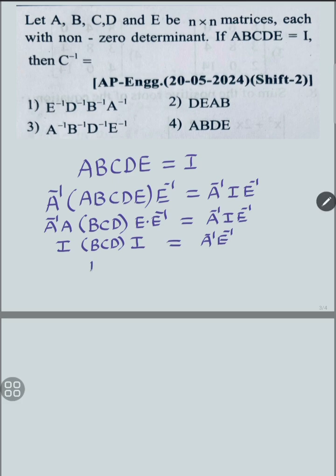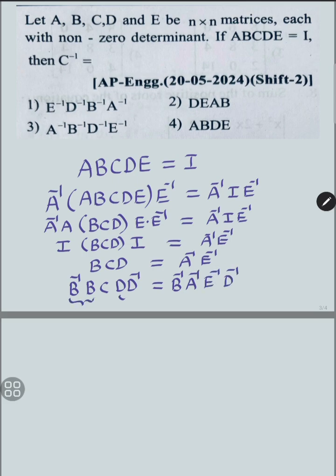After that, in the LHS, BCD equals A inverse into E inverse. In the next step, in the LHS BCD, I want C, so B and D are extra. So pre-multiply with B inverse and post-multiply with D inverse. This becomes B inverse B C D D inverse, is equal to, following the same procedure, B inverse A inverse E inverse D inverse.